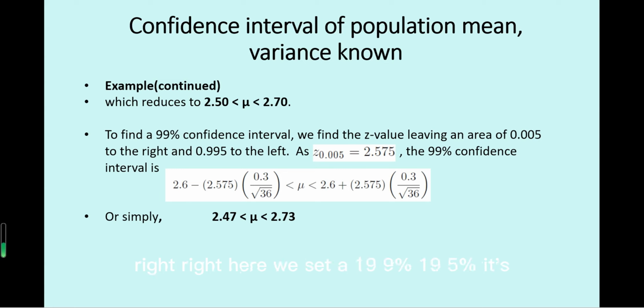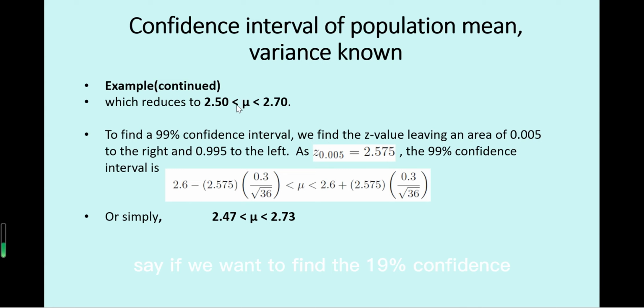But here 95% is enough confidence, and 99% is a very high level of confidence compared with other values. So for 95% we get this confidence interval, and for 99% this one, which is a little wider.